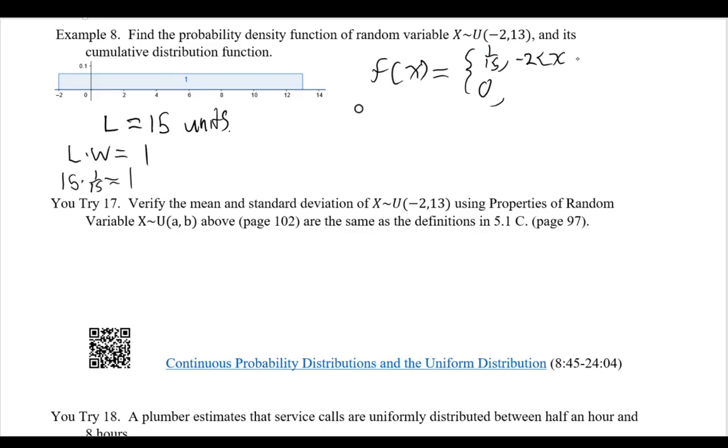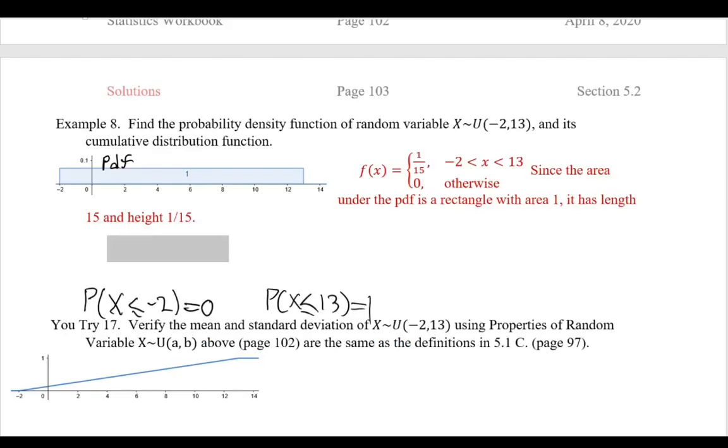We can also put equals there as well, but it's up to you. Otherwise, f of x will equal 0. Here I typed up the PDF neatly.